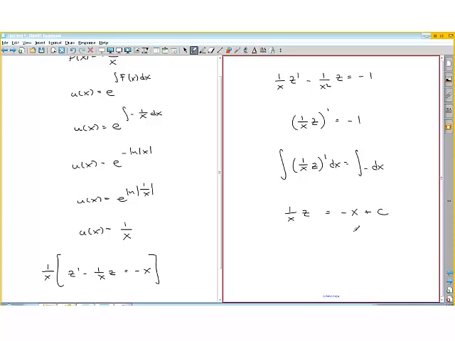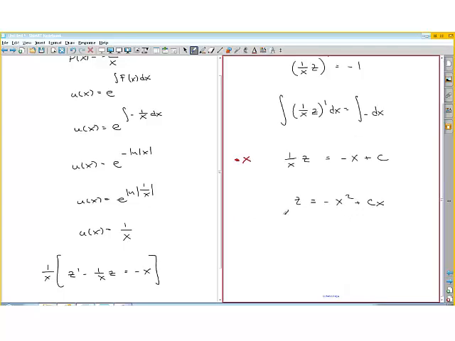We add our arbitrary constant c at that point, and then we can multiply by x. So multiply by x. That just becomes z on the left-hand side. So we get z is equal to negative x squared plus c times x.